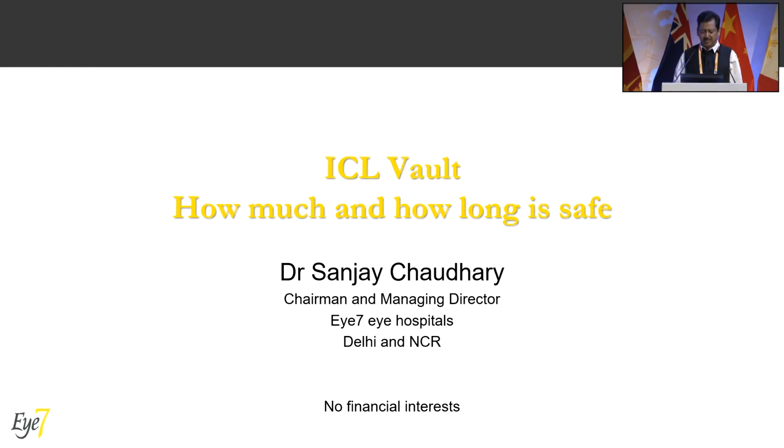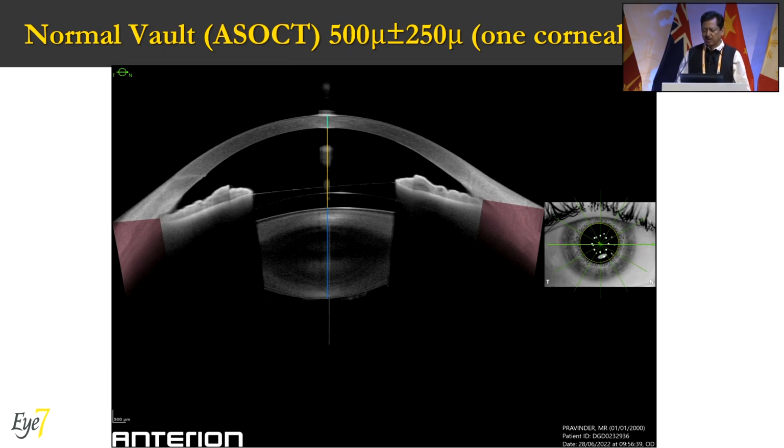So this is a normal vault, 500 microns, which is 1 corneal thickness. And we say the vault should be 500 microns plus or minus 250. That means 250 to 750 is a normal vault. These days we say 250 to 1000 is the normal vault, because it is good to have a little more vault than a little less vault.